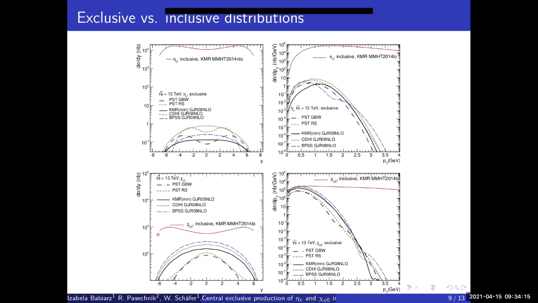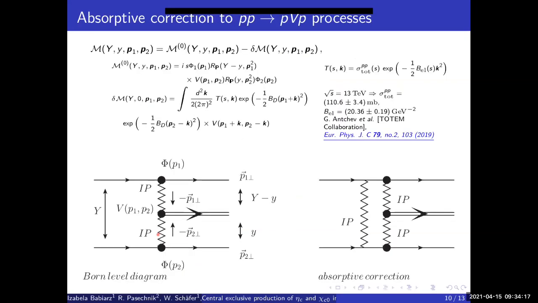Okay, so going to absorptive corrections, we parameterize our absorptive corrections via elastic scattering for the proton-proton. To the Born level diagram, we add this parameterized elastic scattering amplitude.